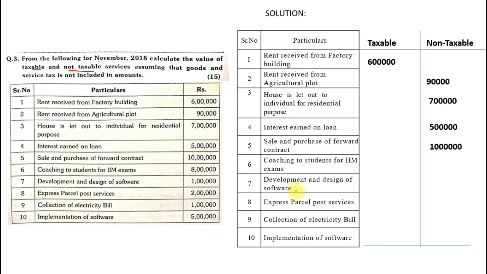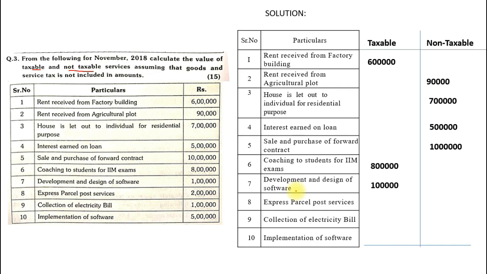Coaching to students for the IIM exam: yes, coaching, it is private, so it is taxable. Development and design of software: software is IT based. Anything which is a software or IT related service is purely taxable. Next, express parcel post service.